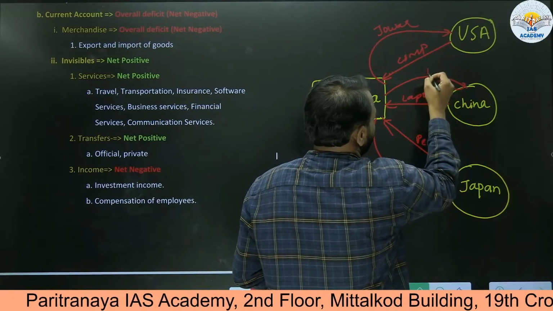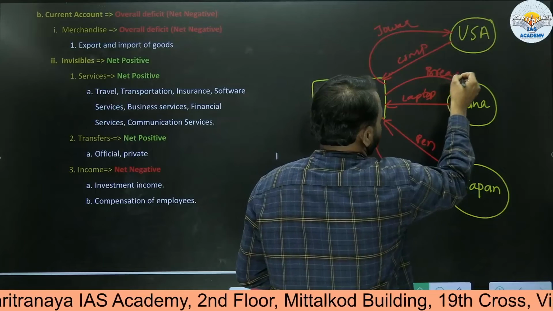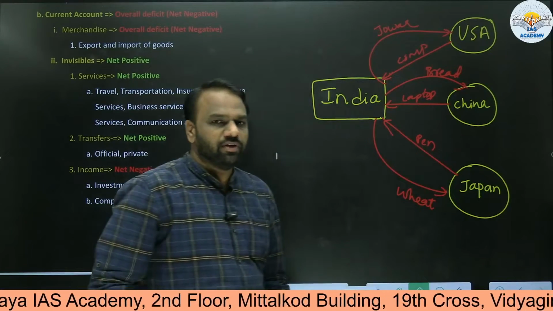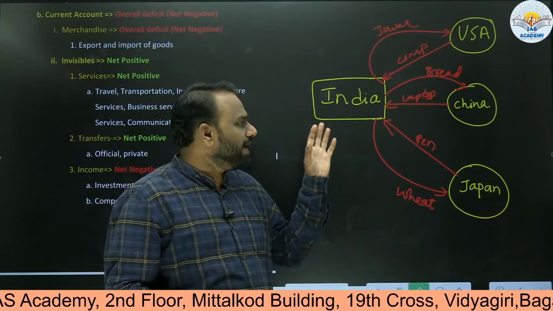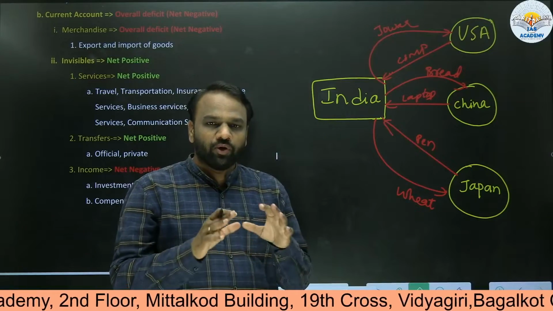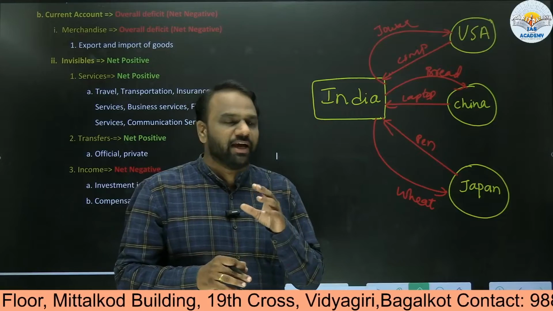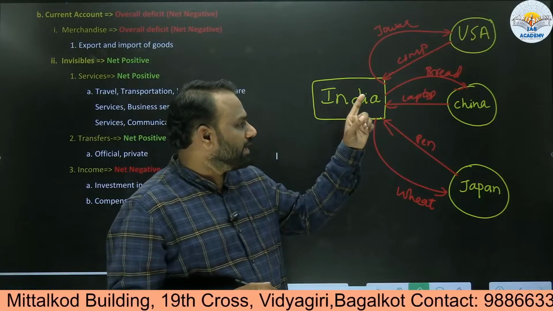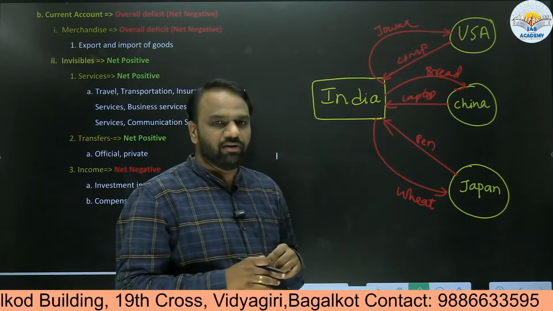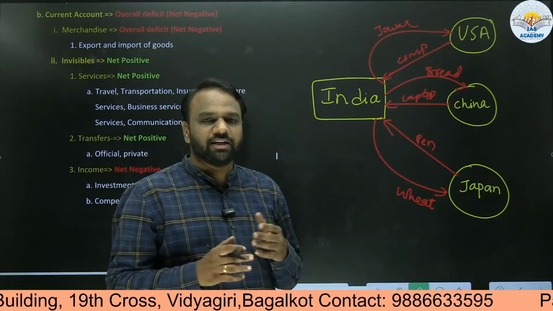It sells some bread to China. So this is a trade which is happening between India and the external world. In order to make our discussions easier, rather than focusing on all the countries, I have just taken 3 external entities: USA, China and Japan.